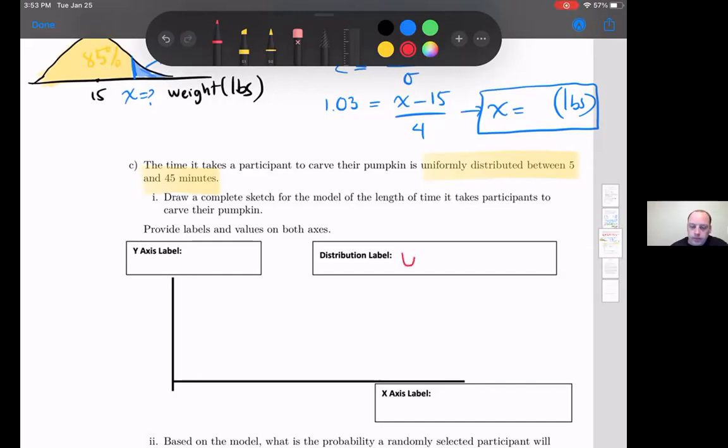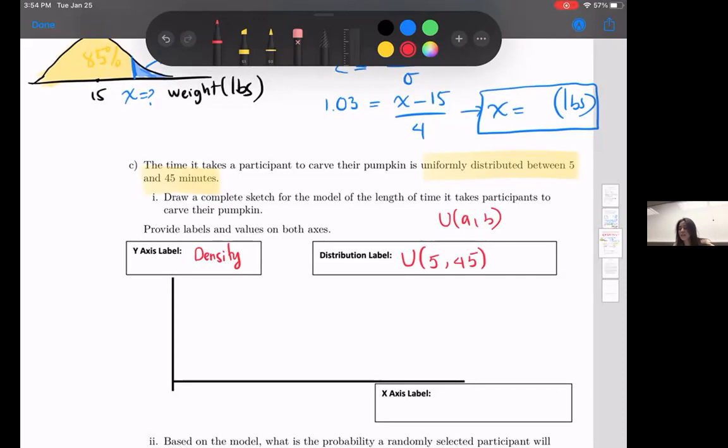Uniform, right? Uniform A comma B. So what's A, what's B here? Is it 5 and then 45? Yes, that's your A and that's your B. Axis label, I'll tell you, just density. It's always density for all the uniform graphs.